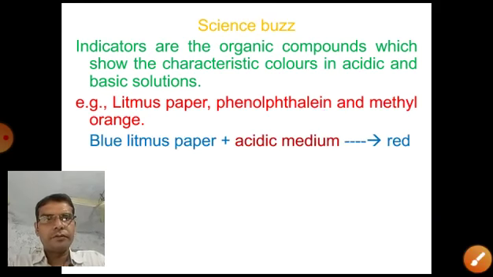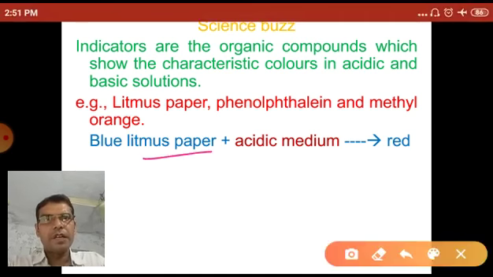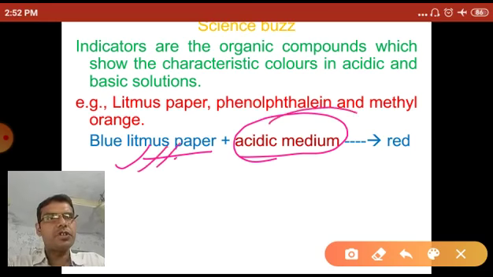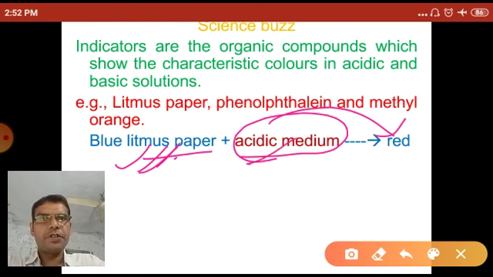Now when blue litmus paper is added in the acidic medium, the blue color of the litmus paper changes into red.